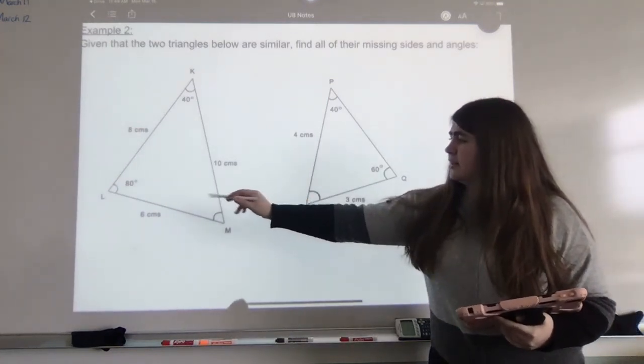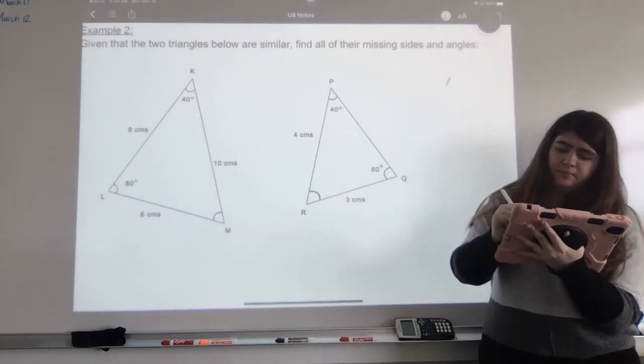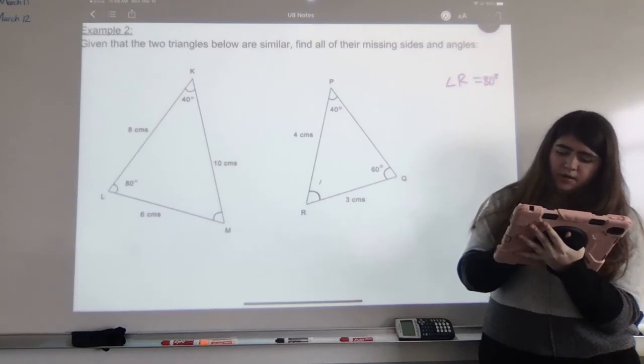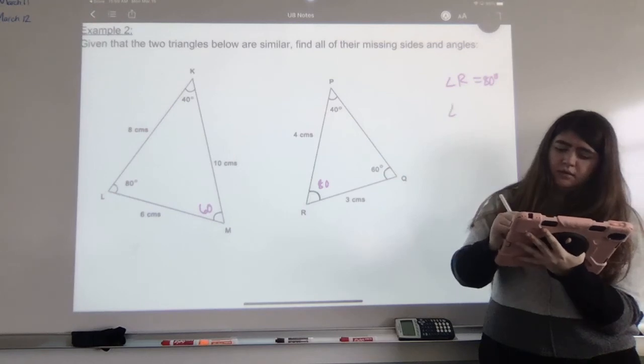So angle L is 80, so angle R also has to be 80. So R is 80 degrees, and I'm going to write that down here as well. And then M would have to be 60.